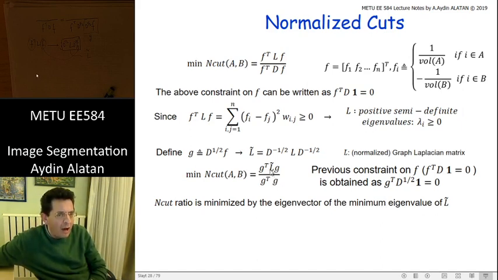I'm going to show you how it's obtained with some extra notes. Okay, therefore, this minimization is obtained by finding the eigenvector of this L tilde. Okay, good. But does this satisfy the constraint? I mean, does this minimum eigenvector satisfy the constraint?